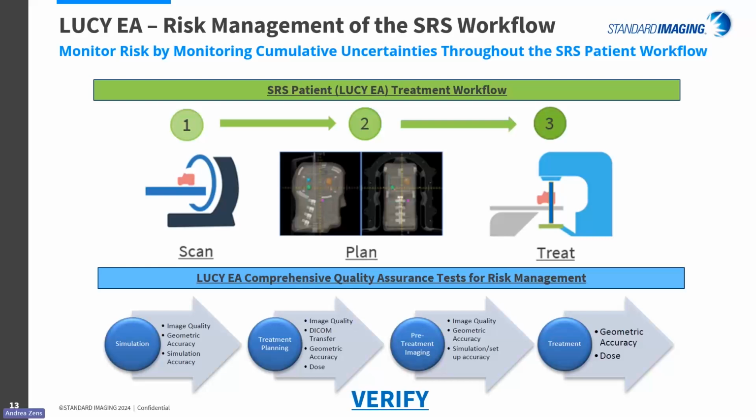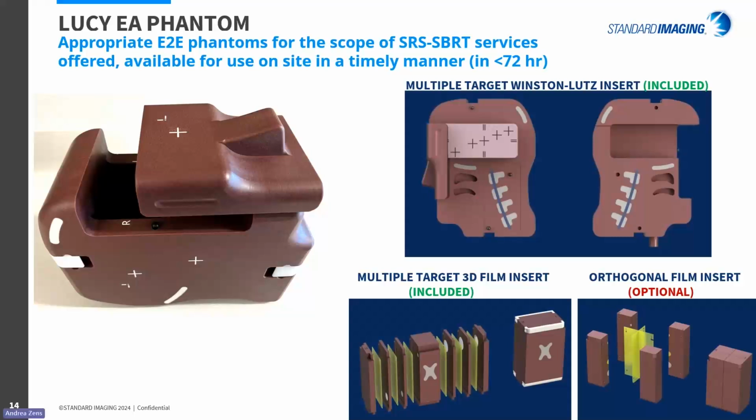Accomplishing so much with so few inserts, swappable in an open mask system, makes Lucy EA ideal for standardization across sites and machines. So, a little bit closer detail: the Lucy EA Phantom is pseudo-anthropomorphic. It's made of virtual water, on the human skin tone spectrum.